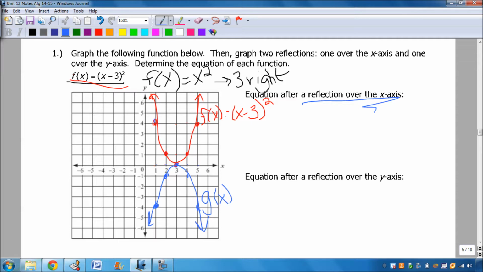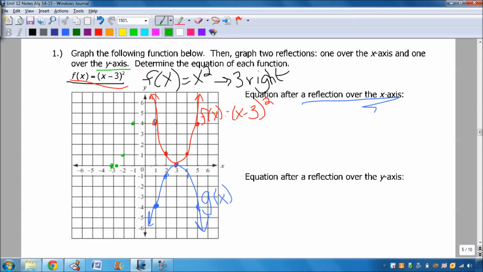Then I'm going to reflect this original red one over the y-axis. If this coordinate is at 1, 4, I would count to the y-axis 1 spot, and one more spot brings me to my reflection. Same thing with this one, 2 spots, and then 2 more steps. Here you need to take 3 steps, then 3 more steps to your reflection.